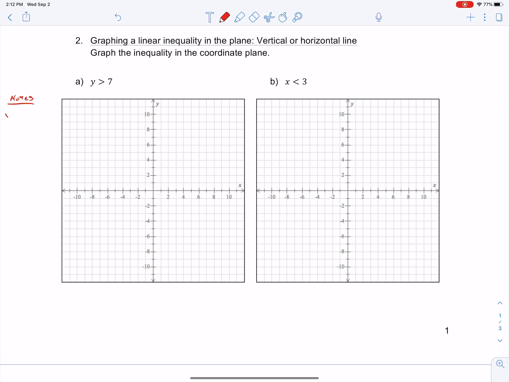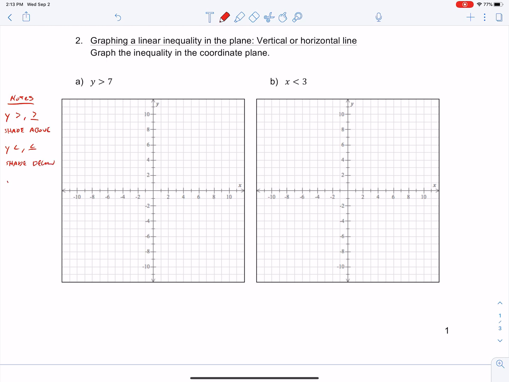When we have y is greater than or equal to, that's when we're going to shade above the line. Shade above. And again, this will make sense in a little bit. When we have y is less than or equal to, we're going to shade below the line.